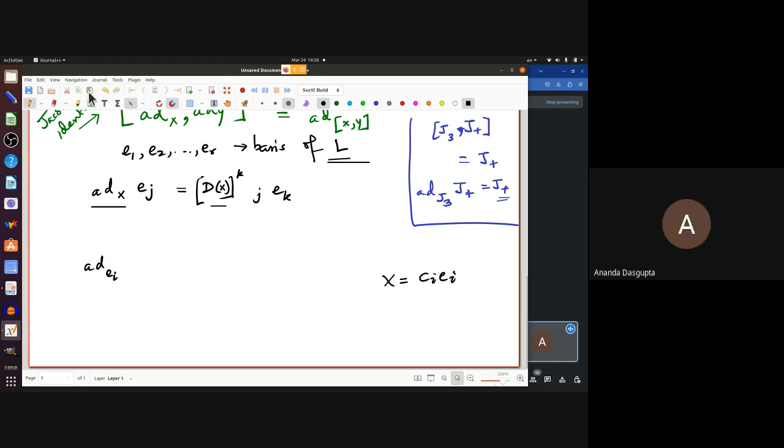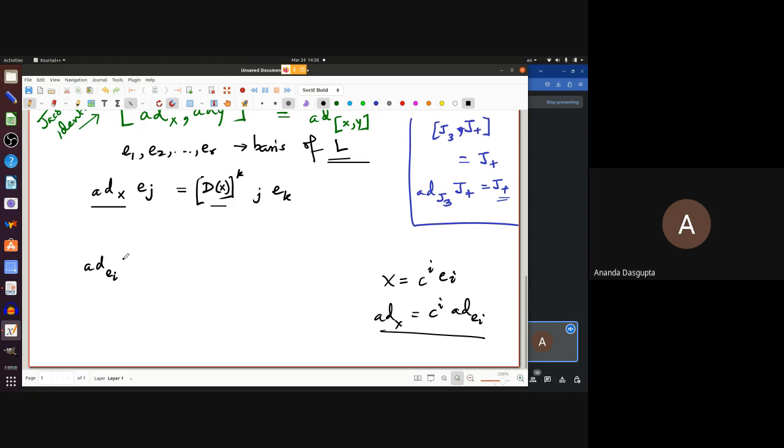Yes. Then I think you should be able to figure out that ad X is actually ci times ad Ei. Just use the definition. You take ad X as a commutator with any arbitrary Y, and you'll see that this works out. If you know the ad Ei's, you know everything.